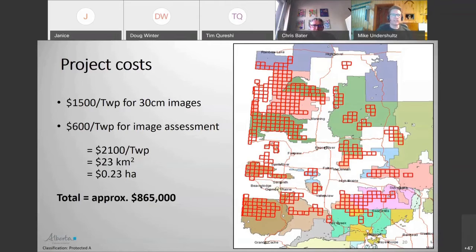We do think that the assessment costs have some potential to go down as processes are developed and refined. And as well, the costs of the imagery, it's not all lost. It is a bit of an investment, because we do know that high resolution imagery can be used for many other purposes than just this.